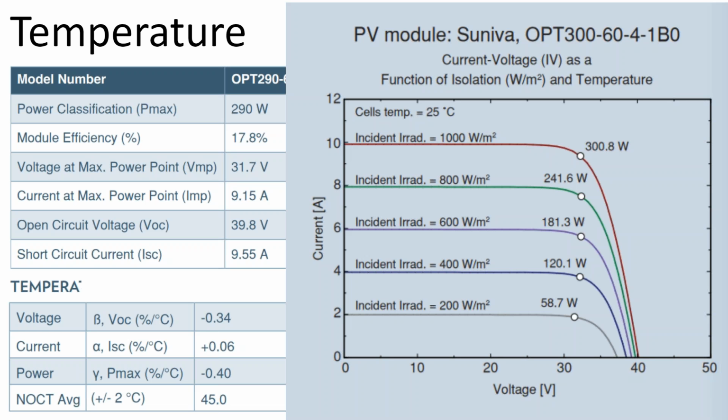And so current is going to slightly climb on hot days. Voltage is going to drop on hot days. On cold days, the opposite will happen. Voltage will climb on cold days. Current will slightly decrease.